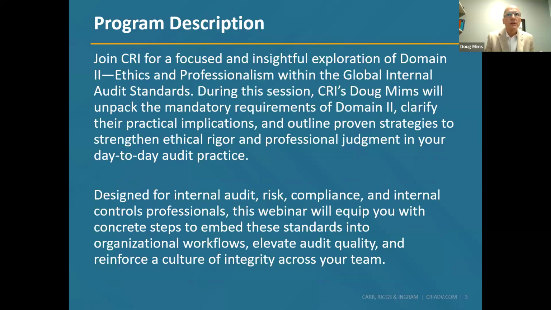So the program description, basically we're covering Domain 2 of the Global Internal Audit Standards, which is Ethics and Professionalism, as the title says. We'll do a high-level review of that so that you can get an introduction, if you don't already have one, to the Global Internal Audit Standards, as well as specifically Domain 2.